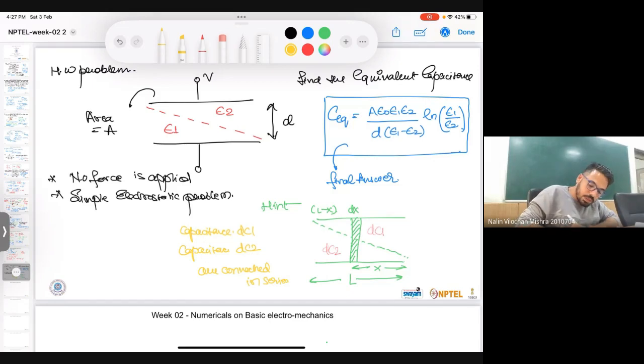So the equivalent capacitance of this region can be written as 1 by dC1 plus 1 by dC2.